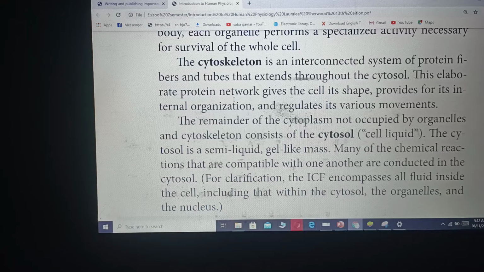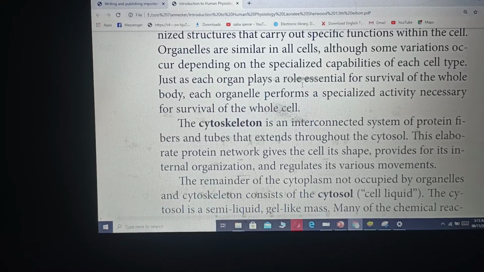So let's summarize it. What is cytoplasm? It is a fluid structure which is present inside the cell, and cytoplasm plus nucleoplasm is equal to protoplasm. Actually, if we combine cytoplasm and nucleoplasm, it will collectively be known as protoplasm. So what are the major components of the cytoplasm? There are three major components of the cytoplasm.